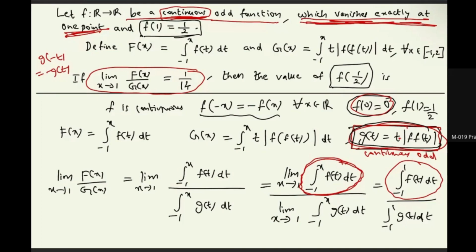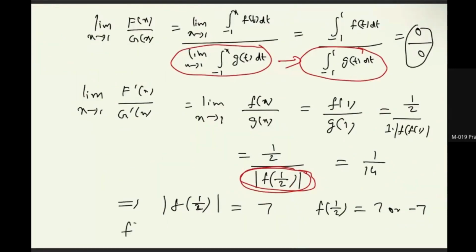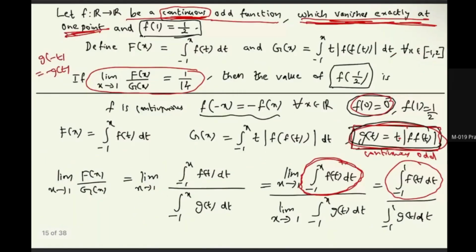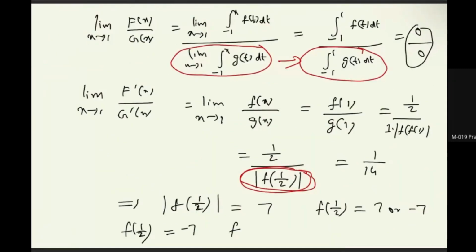So what functions have such properties? Suppose I am writing f of half is minus 7. No, it would be 7. f of 1 is half, right? Given. So this is negative and this is positive.